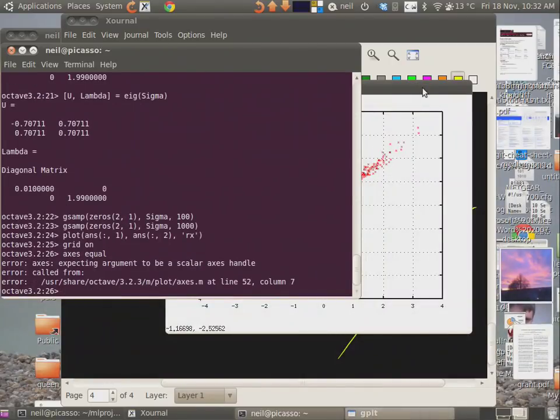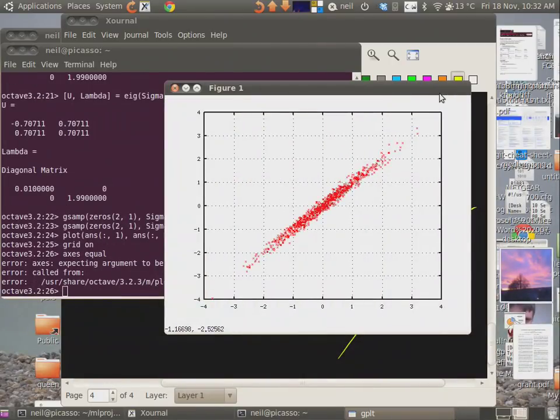I would love to be able to do this in Python. It would be so much cooler, but I'm just not as fluent in Python as I am in this. This is Octave, which is a MATLAB. So you can see that's the x equals y line, which is what it's telling us is the direction of dominant correlation. This line going up here, and it's saying that the variance in that direction is 1.99.